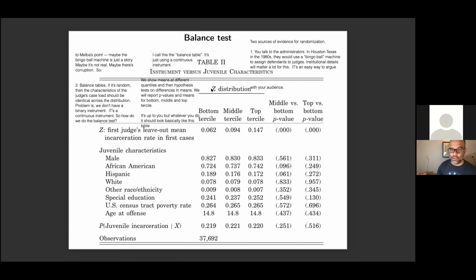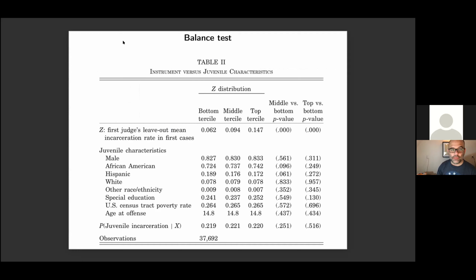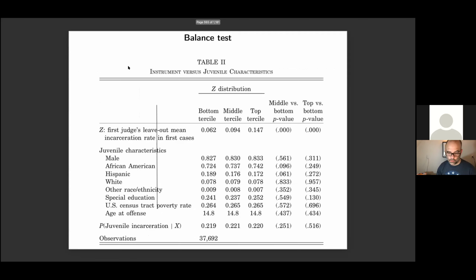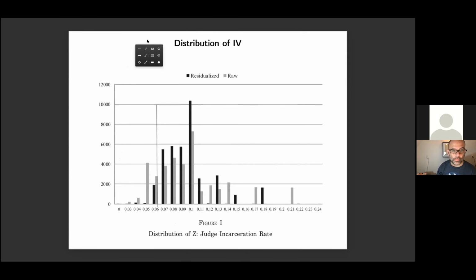So here's our instrument, Z, the distribution going all the way down to the bottom. So this is going to be essentially the bottom tercile, 0.094, 0.147. So it's going to be here, here.